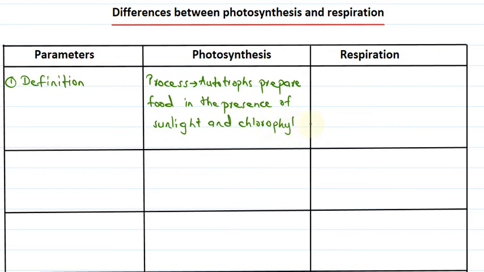And what happens? Oxygen is released as a byproduct. This is the process of photosynthesis.